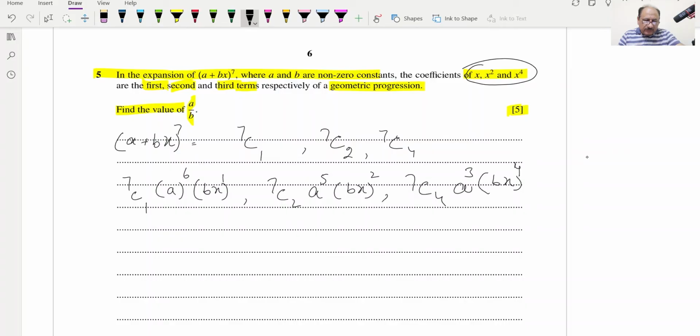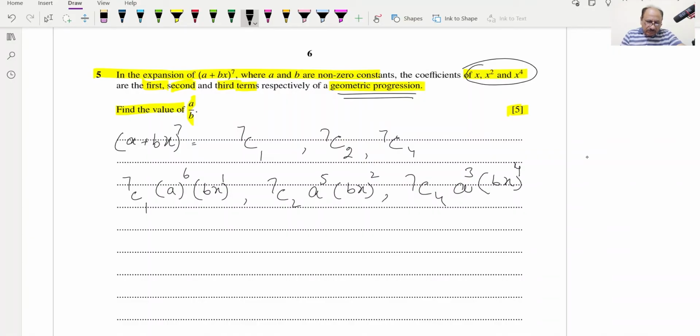Now they are saying respectively of geometric progression, so r value will be what, we can write 7c2 over 7c1. So these two will be the ratio.